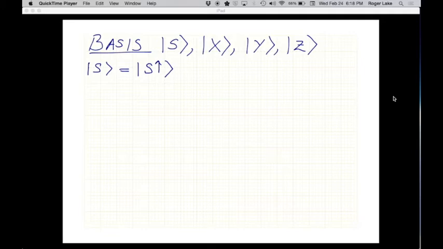So you'd have this for both up and down spin, and then just duplicate it.